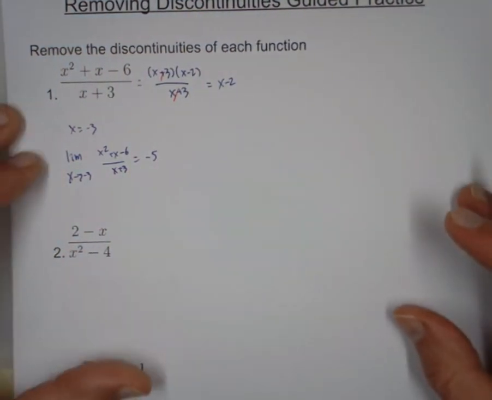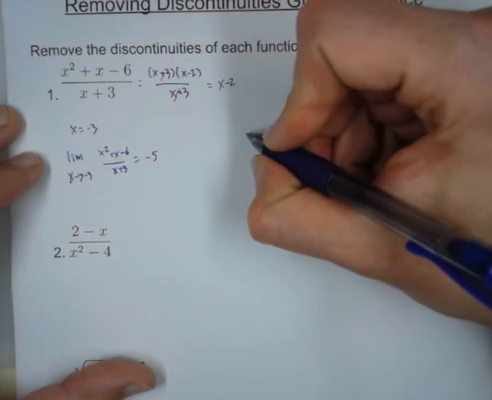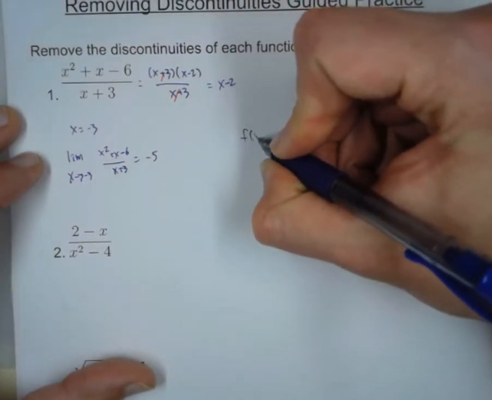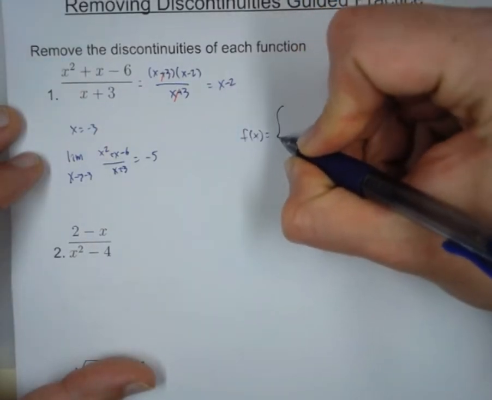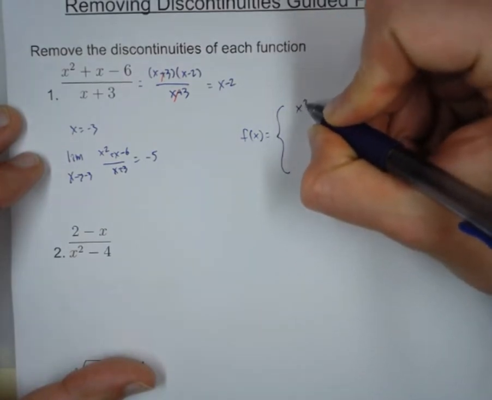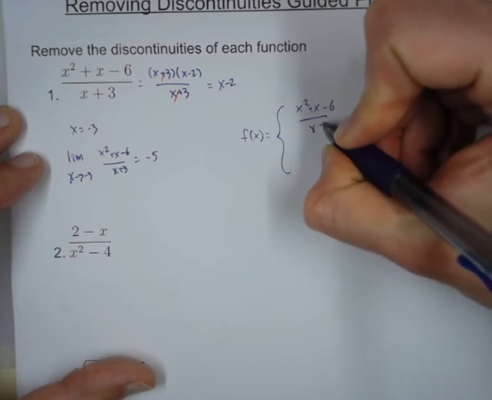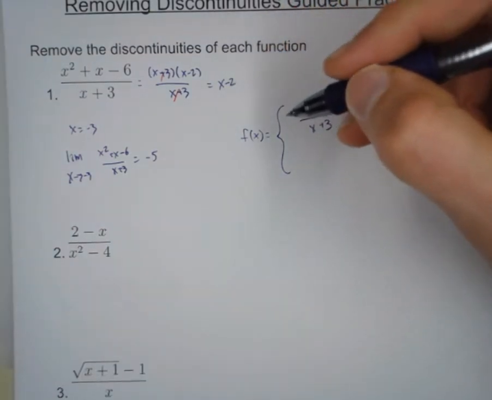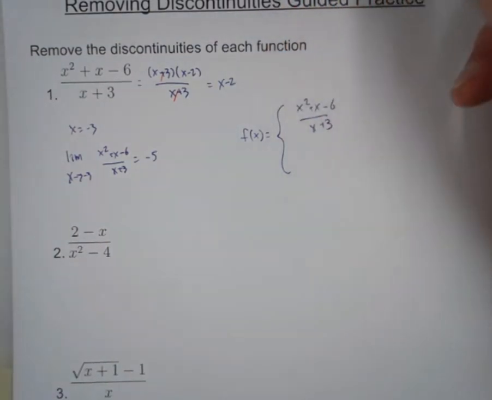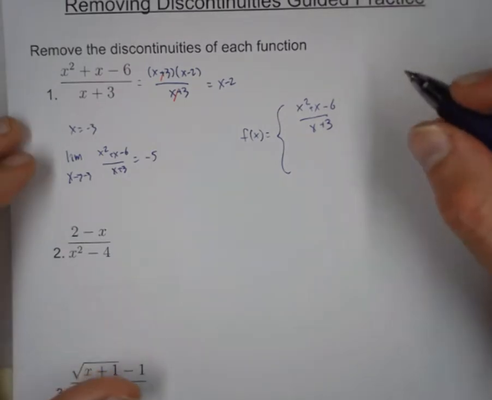And so when I want to write this as a function that is continuous, I say, okay, I'm going to need to write it piecewise. First, I write the original function, and most often teachers and textbooks want you to write the original function, not the simplified version. Now, if your teacher or textbook does differently, I stand corrected.